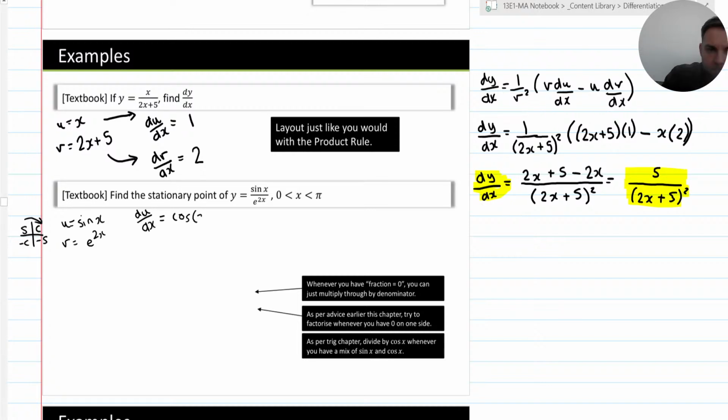So with this one here, remember that. So du by dx differentiates to cos of x.